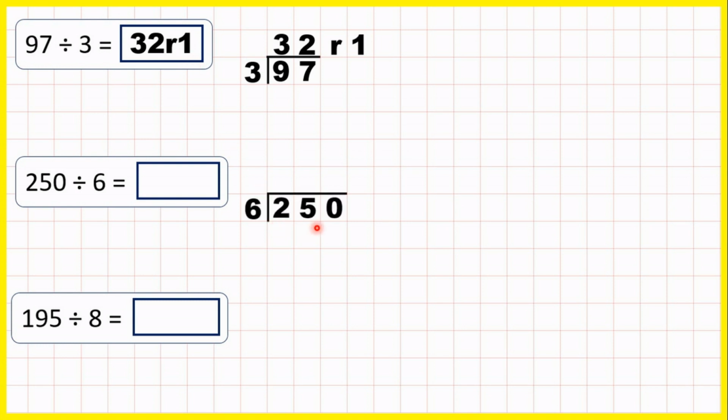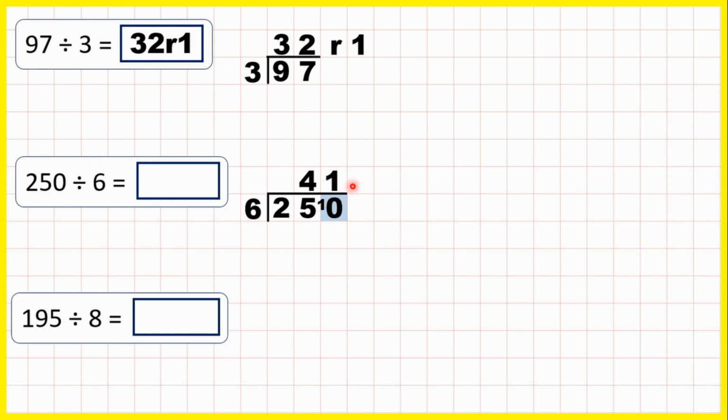Now 250 divided by 6. So the first digit is a 2, and that's less than 6, so let's take the first 2 digits together and divide 25 by 6. That's 4 remainder 1, because 4 times 6 is 24, but we need 1 more to get to 25. So now we have 10 divided by 6.